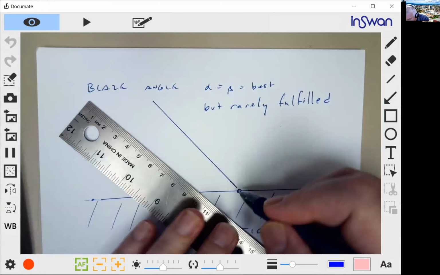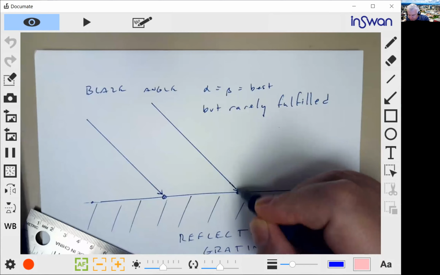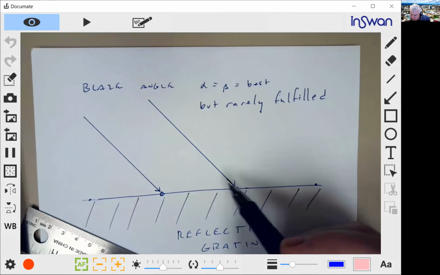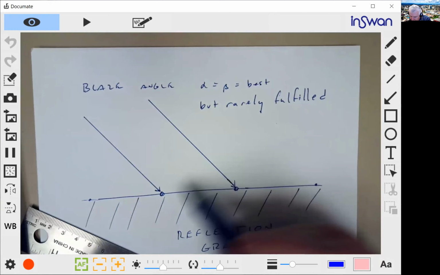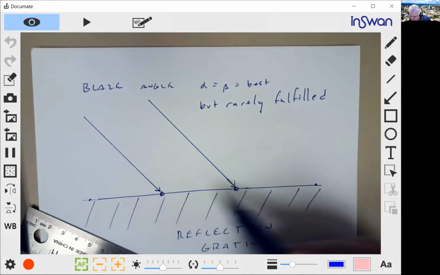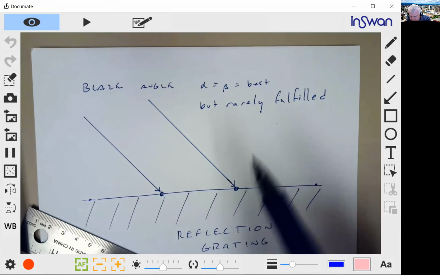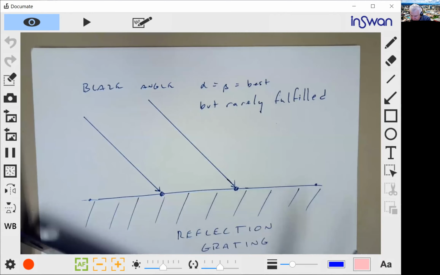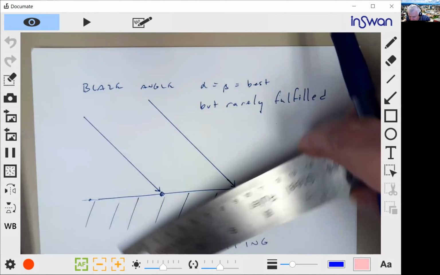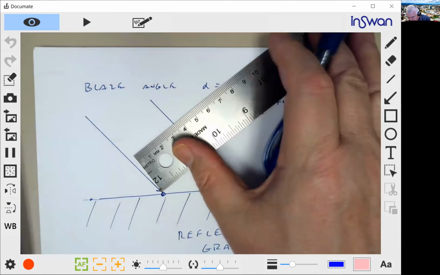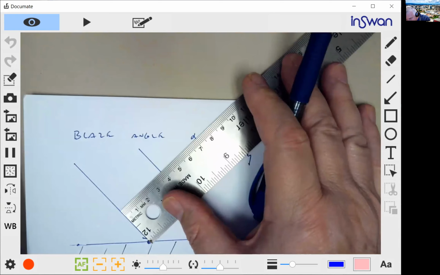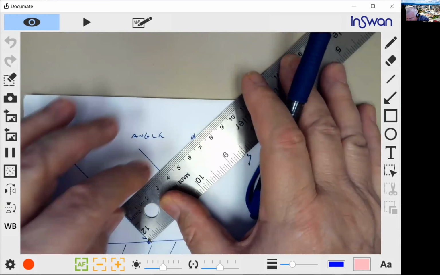So we're going to look at parallel rays here. Now what happens is that this point relative to this point, there's a difference in the distance that these rays travel to get to the grating. And you can calculate that difference by going to the right angle to this ray, like I'm doing here.